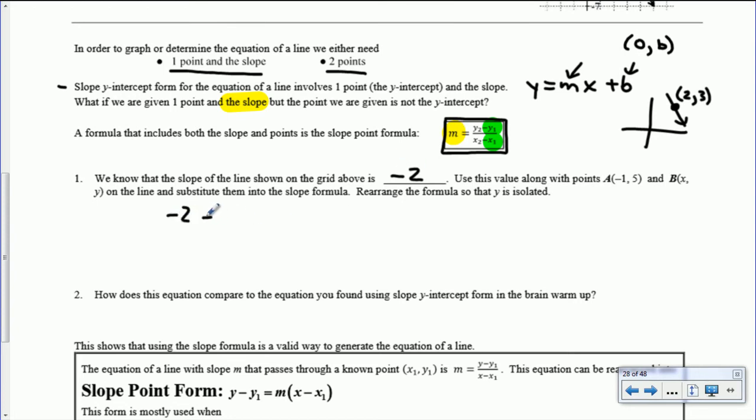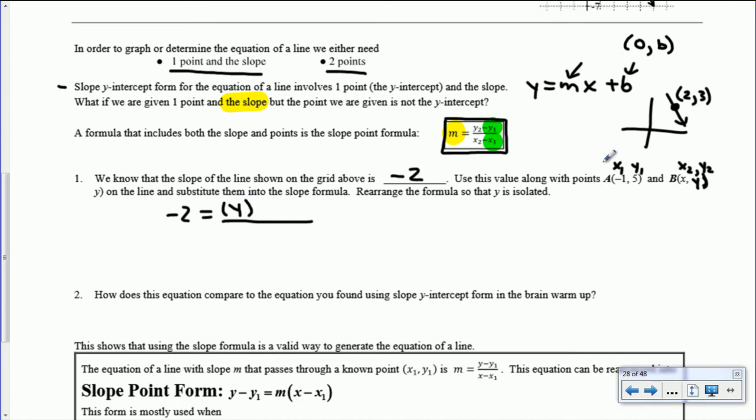So -2 equals, okay, I'm going to call this x2, y2 and I'm going to call that x1, y1. Everywhere I see a y2 in this, I'm going to put a y in its place.